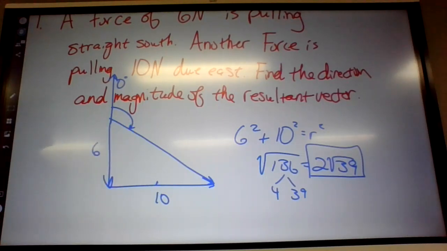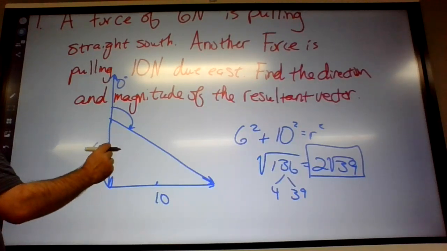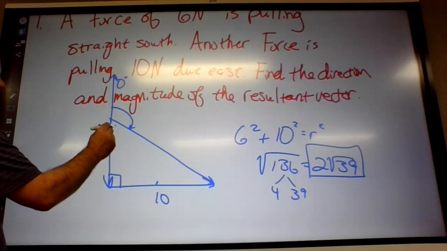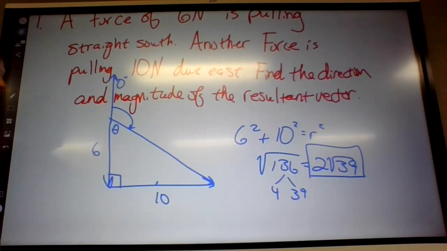How far past 0 is it? How are we going to find that angle? Okay, we have a right triangle here, so we can use right triangle trig to figure out what theta is. And what are we going to do with that?